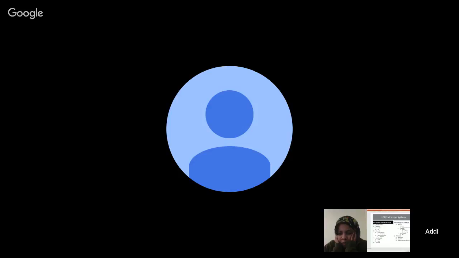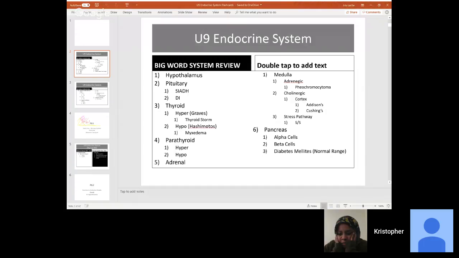What does it cause? Elevated. So it won't be able to do any rest and digest. Pheochromocytoma is elevated epinephrine, norepinephrine, and dopamine. You freak your body out from the stress.